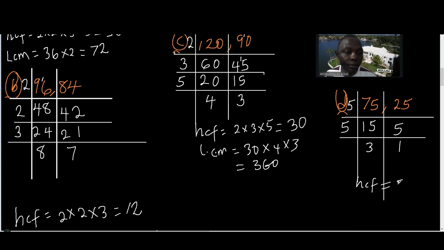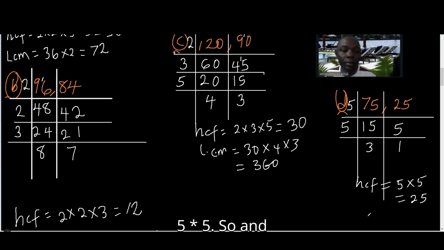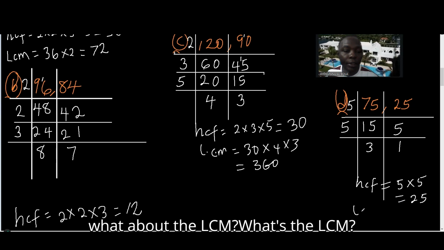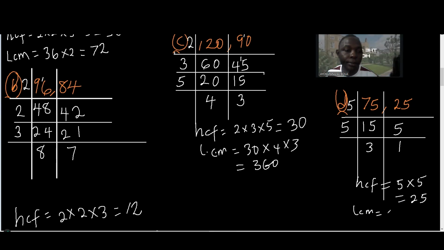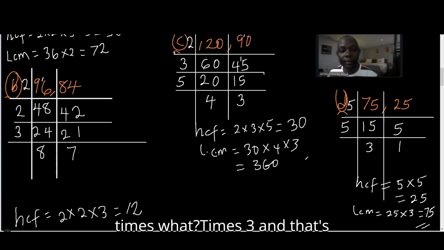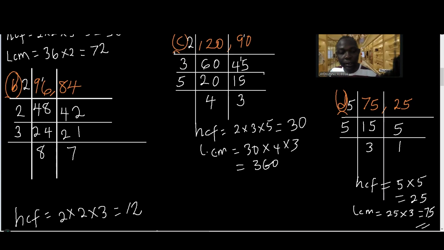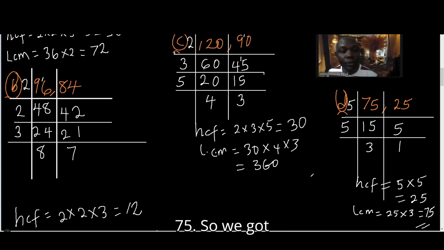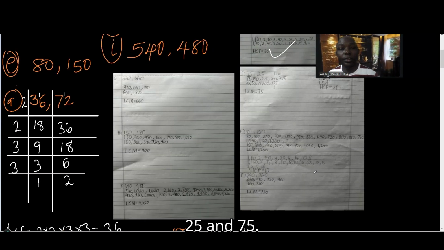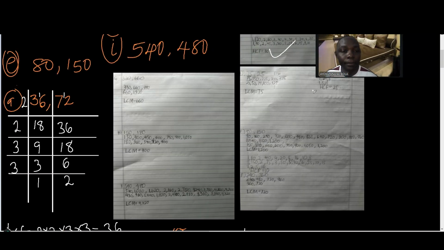That's 5 times 5 equals 25. What's the LCM? 25 times 3, and that's equals 75. So we get 25 and 75.